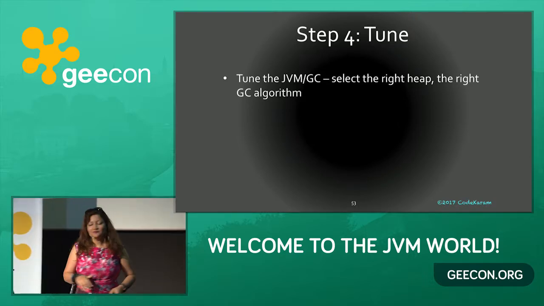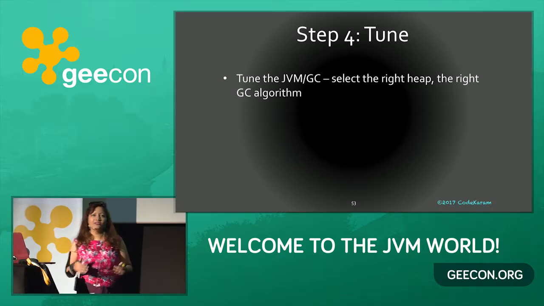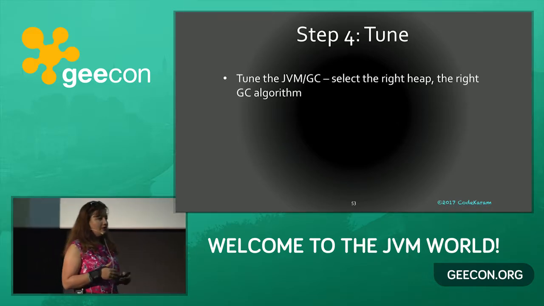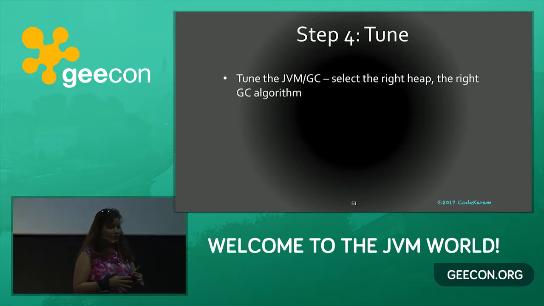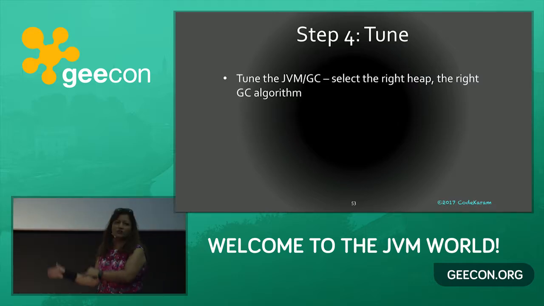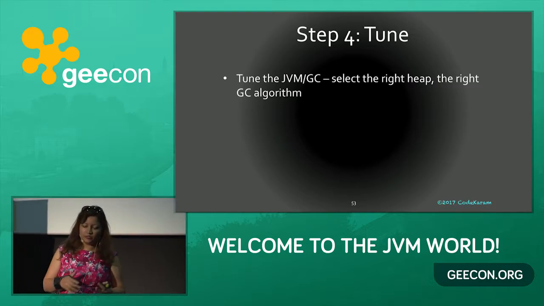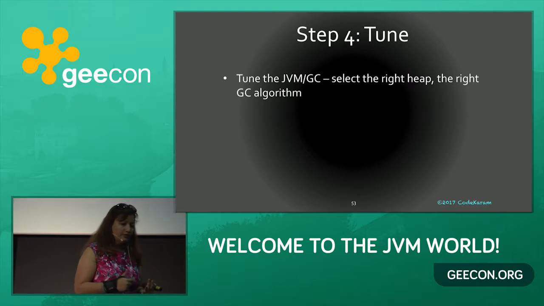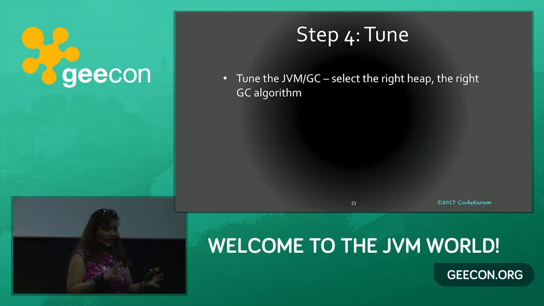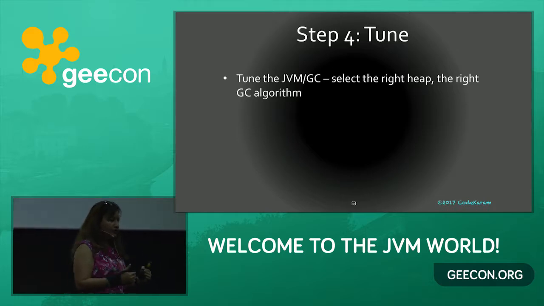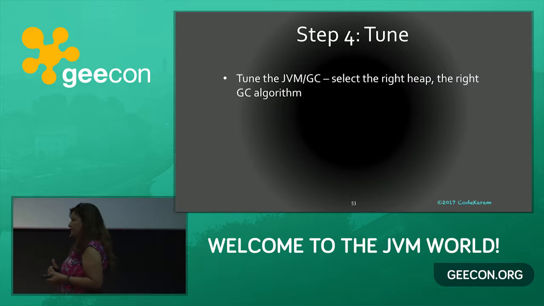First thing you want to do is select the right heap, the right GC algorithm. Now, you may always say that, oh, I don't know which algorithm is different, but then there's a different talk for that. But trust me, each algorithm serves its purpose. You may want latency-sensitive garbage collection, you may want to be more sensitive to throughput, or you want to have a mix of both and be able to have a little finer control. So there are different GC algorithms for each of them.